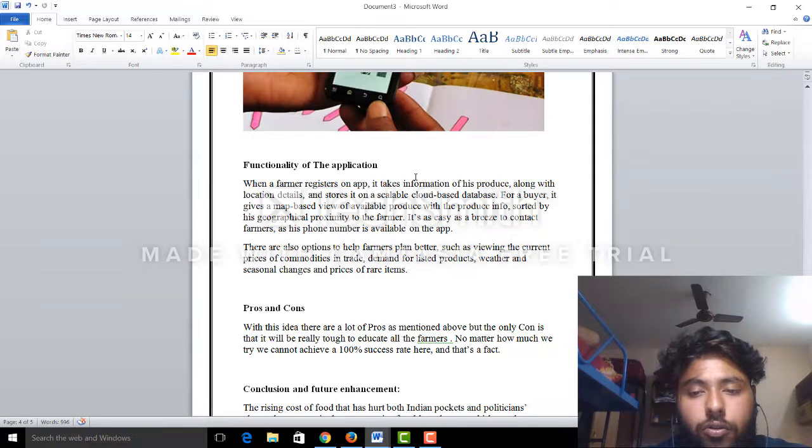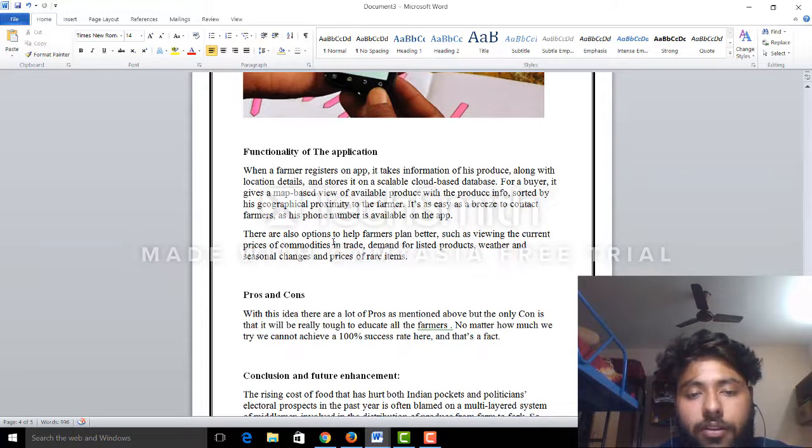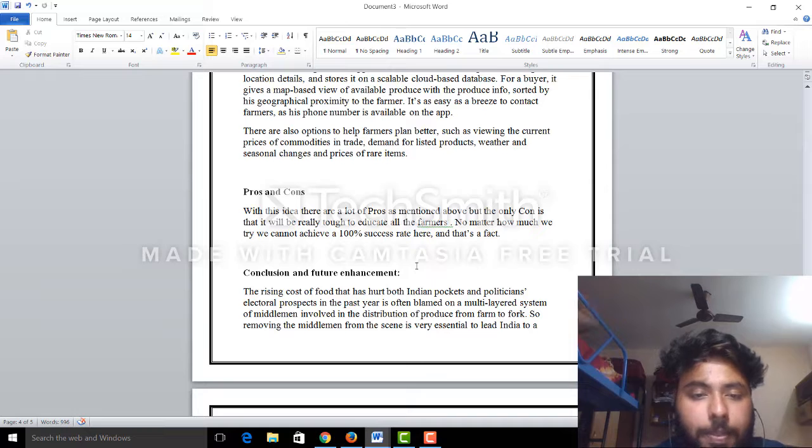So it's very easy to contact the farmers as their phone number is available on the app. There are also options for the farmers to plan better, such as viewing the current prices of commodities in a trade, demand for a list of products, weather and seasonal changes, and prices of rare items.